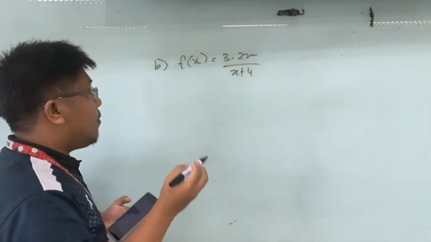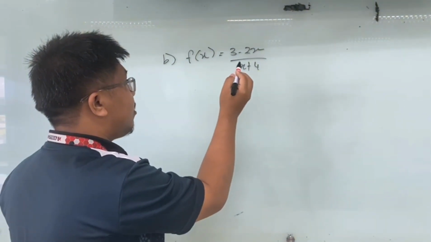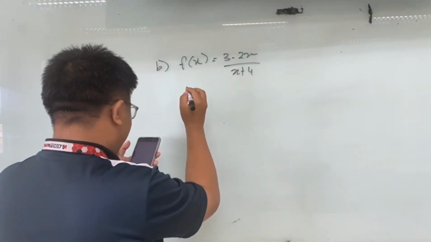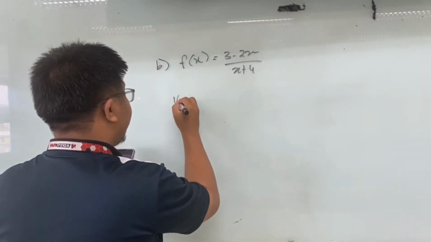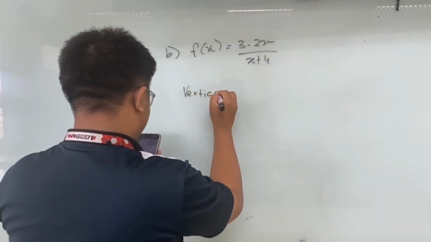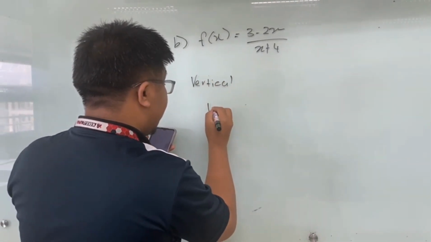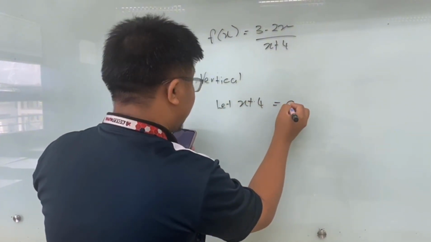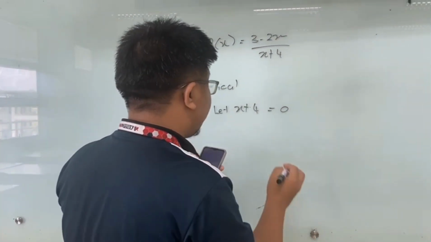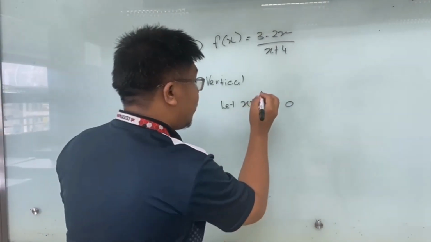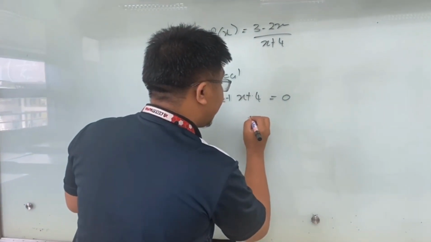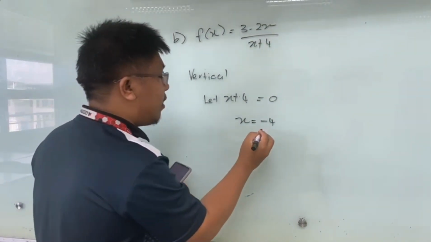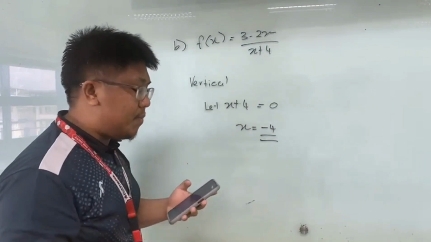Now we know that f(x) is equal to 3 minus 2x divided by x plus 4, and to find the vertical asymptote, we have to set x plus 4 equal to 0. So to find x, we just solve it.